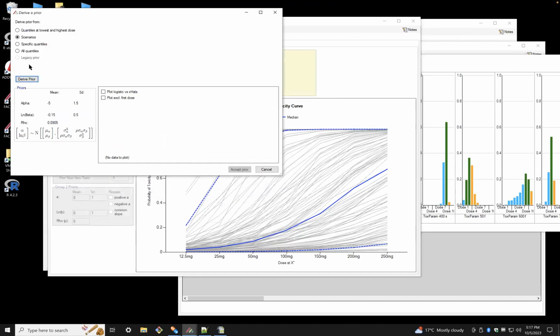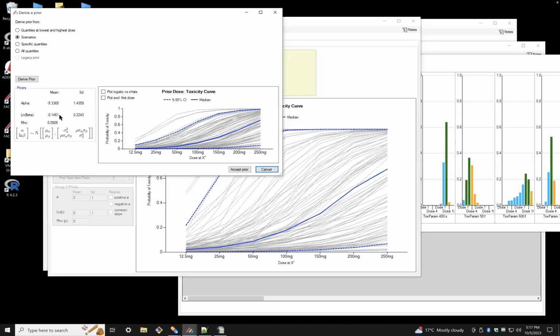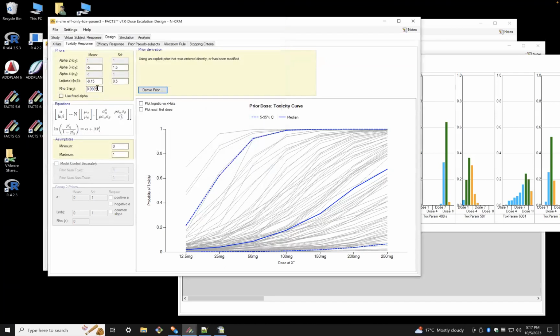And for the beta, I get a derived prior of -0.14 with a standard deviation of 0.22 and a rho of 0.905. I would probably have meant to just change that to be a rho of 0.1, and I've rounded the log beta down to -0.15, and then I've effectively doubled its standard deviation to 0.5.